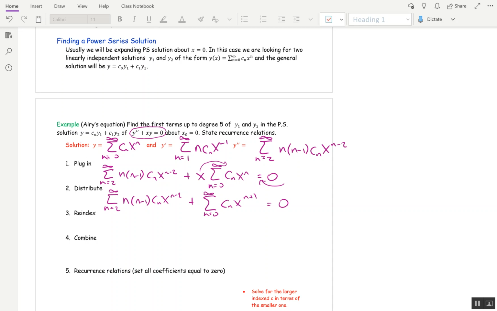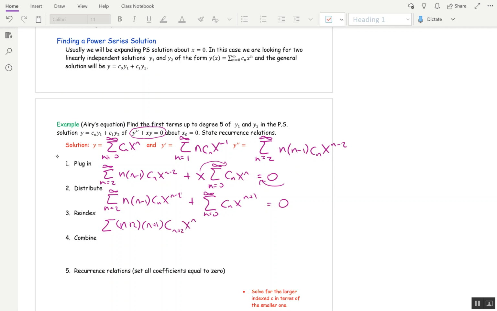Reindex. So each of these summations needs to be written in terms of x to the n, not x to the n minus 2 or x to the n plus 1. So for this first one, in order to make this an n, I need to add 2. So everywhere in the formula, I'm going to add 2 to n. So n plus 2, n plus 1, Cn plus 2, x to the n.